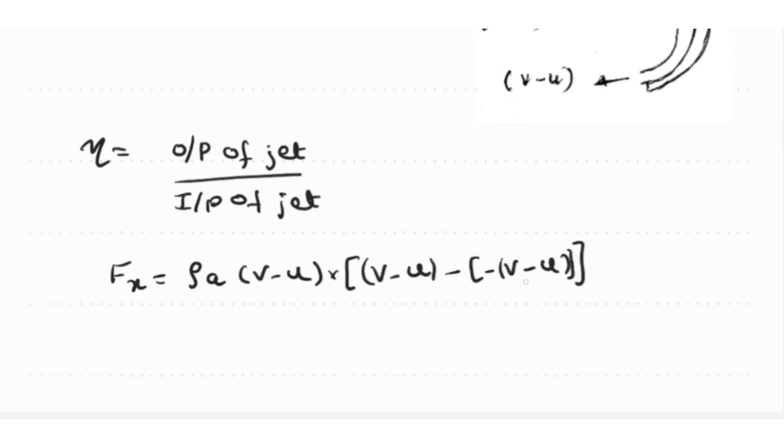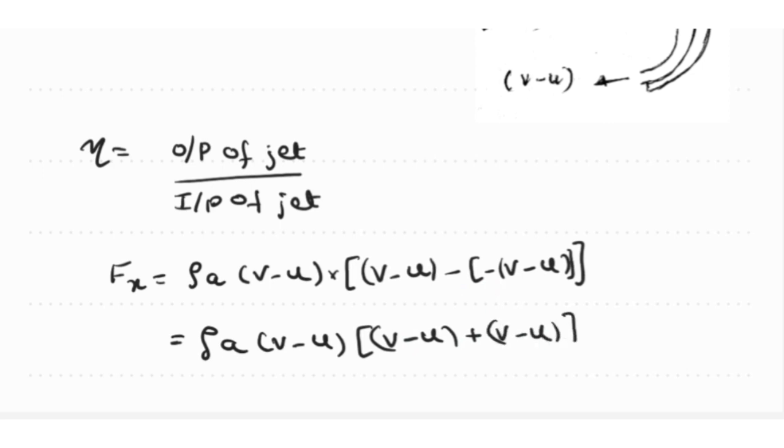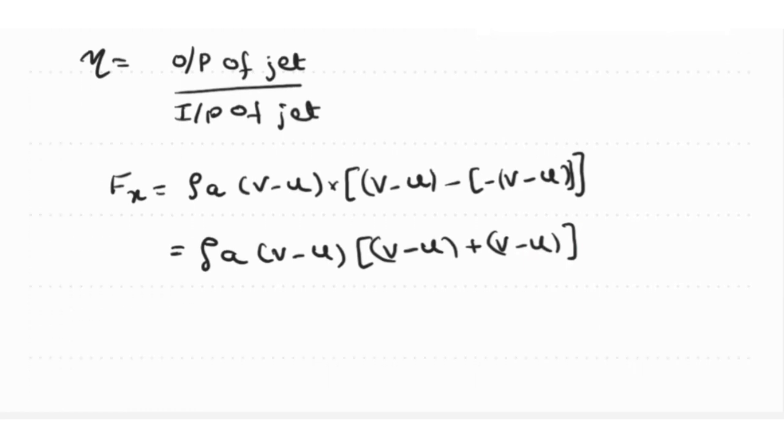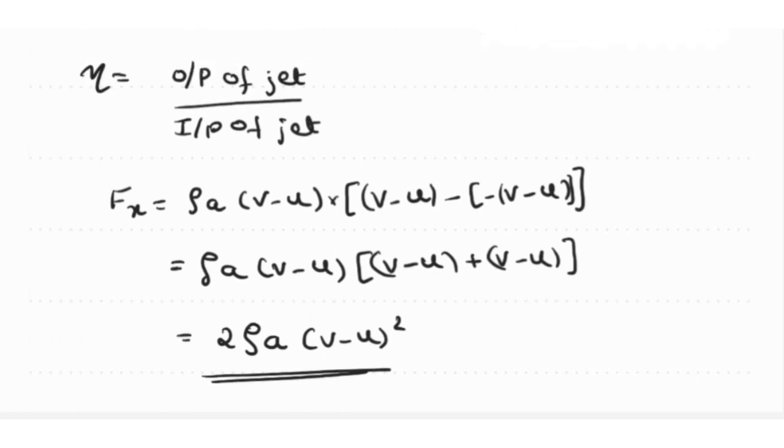Here v minus u is common everywhere. So I will write v minus u into v minus u; here minus of minus will be plus v minus u. So v minus u plus v minus u is 2 times v minus u. So I will write it as 2 rho a v minus u into v minus u, which is v minus u whole square. If you solve it, Fx will be this.